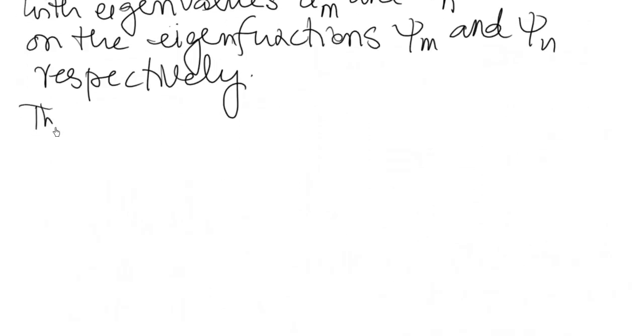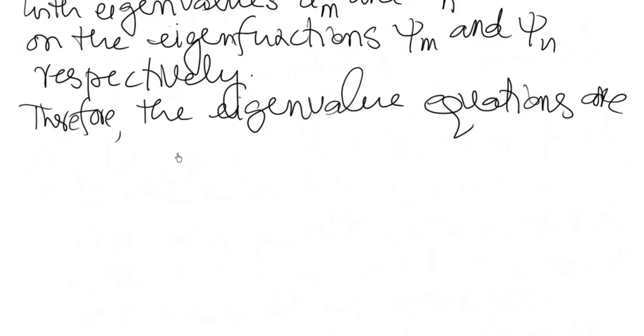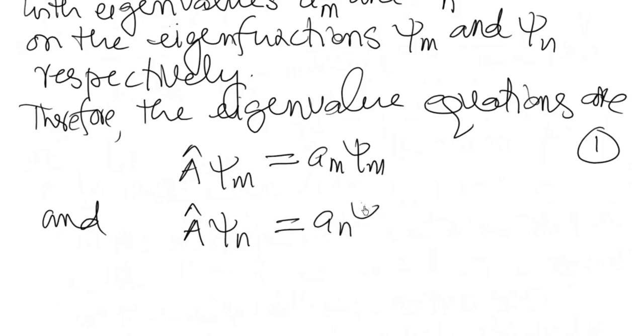Therefore, the eigenvalue equations are: when A acts on psi m gives you a m psi m, let us suppose this is 1, and when capital A acts on psi n gives you a n psi n.